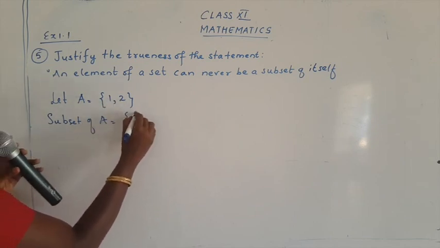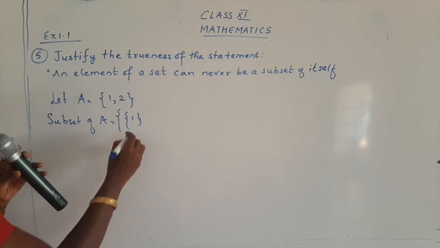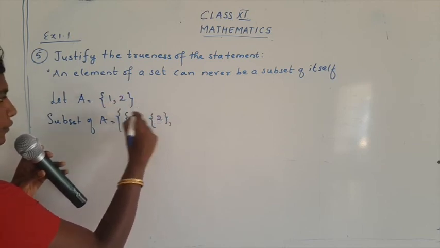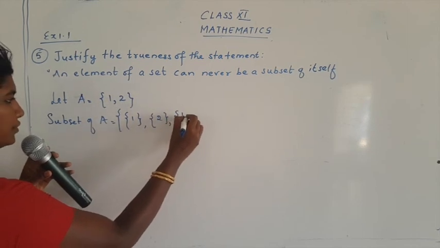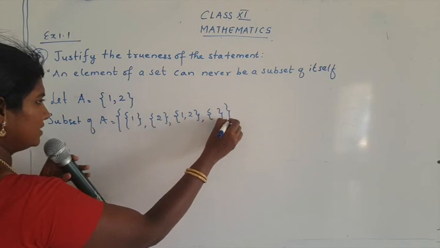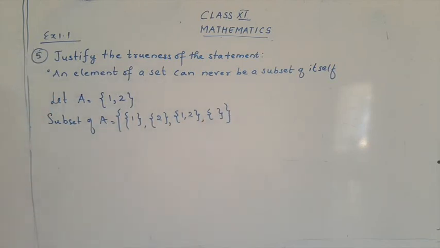First put a big bracket around 1. Then you write 2 alone. Then you write 1, 2 together. And the last one will be an empty set. So always we have an empty set. So these are the subsets of A: 1 alone, 2 alone, 1, 2 together, and the empty set.